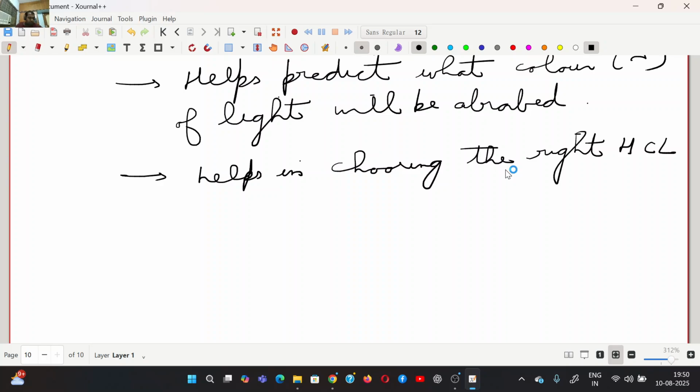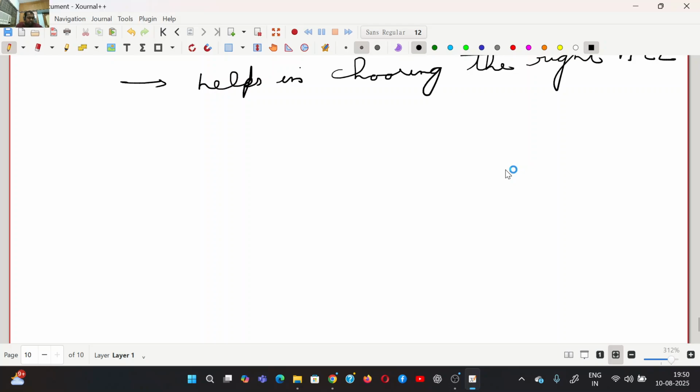So I just make a note of it. Ground state, excited state, I already explained to you. Emission, just think of fireworks, as an example.